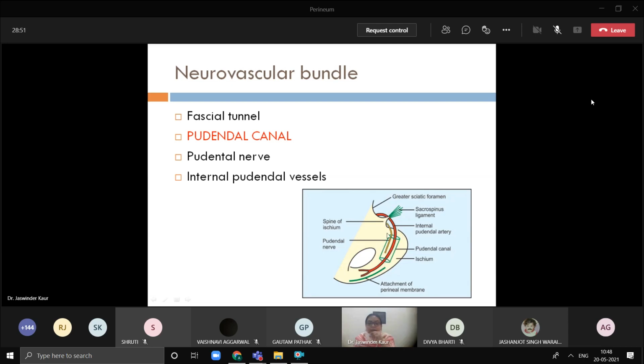You will study the pudendal canal in detail. So these are the contents of the perineum.